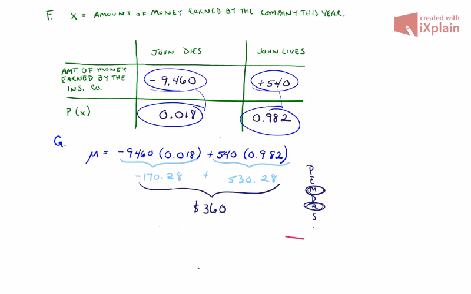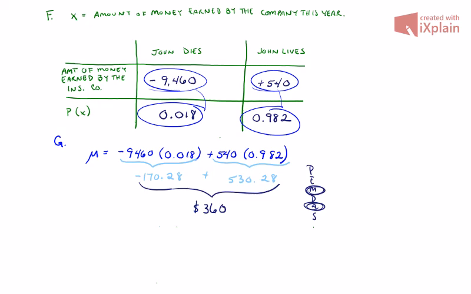Okay, so we're basically saying that because, as the insurance company, we have a higher chance of keeping that $540. So again, John wants to live, and essentially the insurance company wants him to live, because then they get to keep $540 and they don't have to pay out a policy.